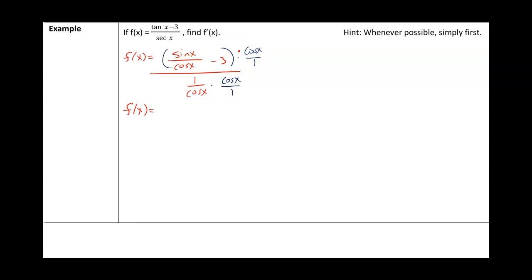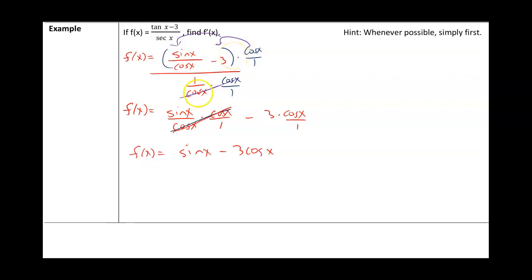So I multiply both the top and bottom by cos x. And then I distribute. So if I have cosine of x times sine x over cos x, then the cosine of x's will cancel out, and all I have is a sine of x. Cosine of x times negative 3 will be negative 3 cosine of x. And on the denominator, the cosine of x's will cancel out.